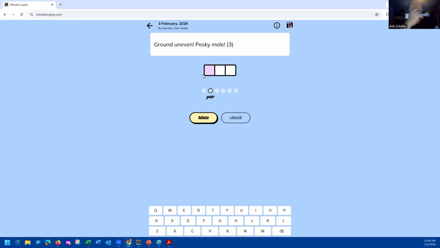No. If uneven was it, which I think is most likely, I don't know how I would get around thinking that it was somehow doing something with ground.